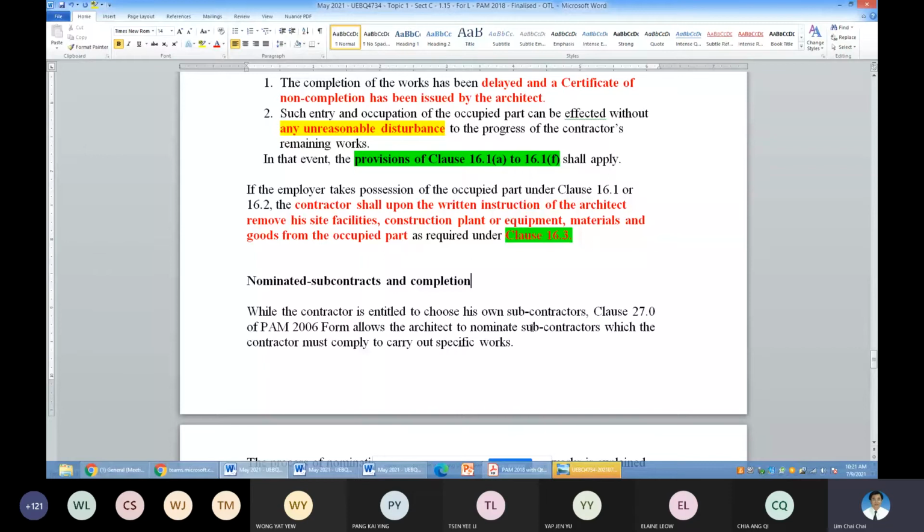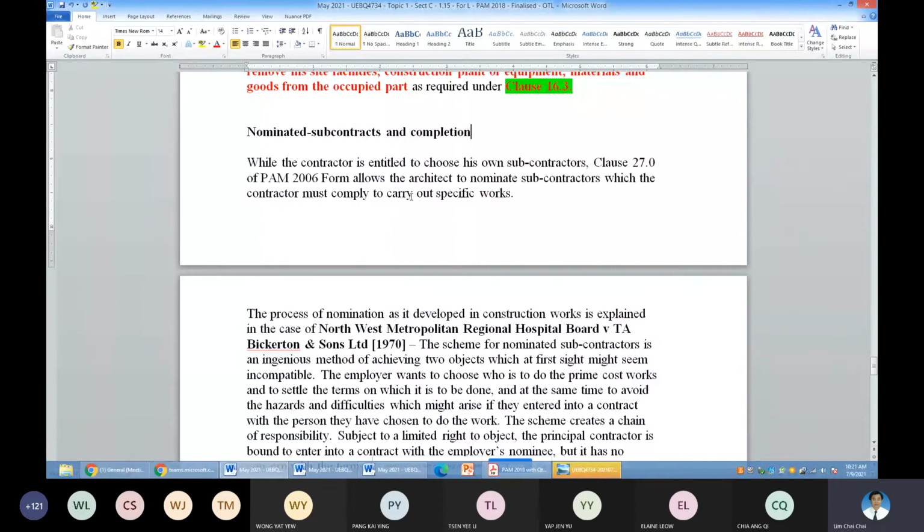So now we go into the NSCs and the completion. DSCs is the contractor's so-called territory. Now we're talking about NSCs.